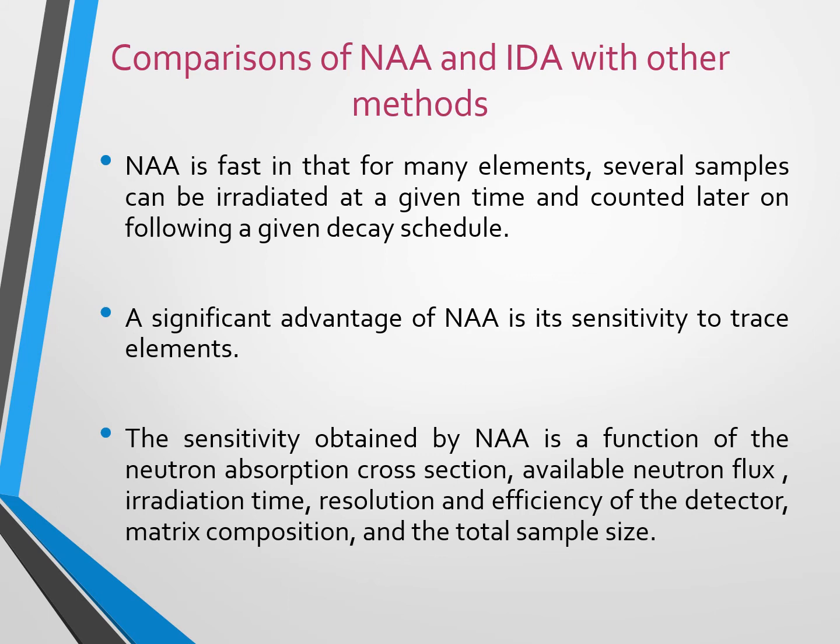It can rapidly determine many elements simultaneously, and a significant advantage of neutron activation analysis is its sensitivity to trace elements. Trace elemental analysis can be determined precisely and sensitively by using neutron activation analysis. The sensitivity obtained is a function of the neutron absorption cross-section, available neutron flux, irradiation time, resolution and efficiency of the detector, matrix composition, and the total sample size.